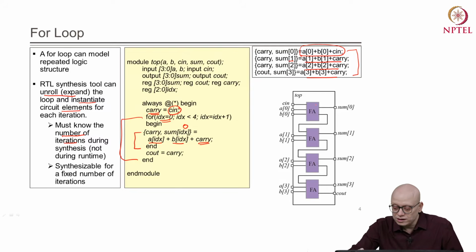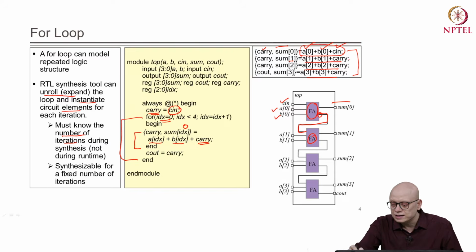There will be a full adder, whose output is sum 0, and it takes as input C in, B0 and A0. Whatever carry out is generated goes as input to the second full adder.